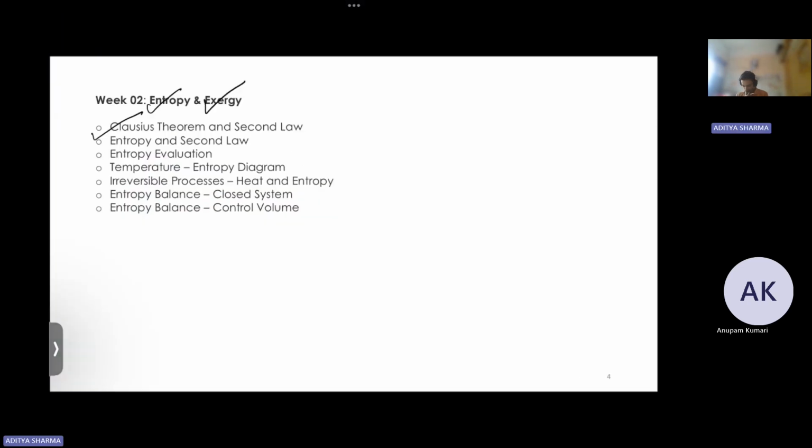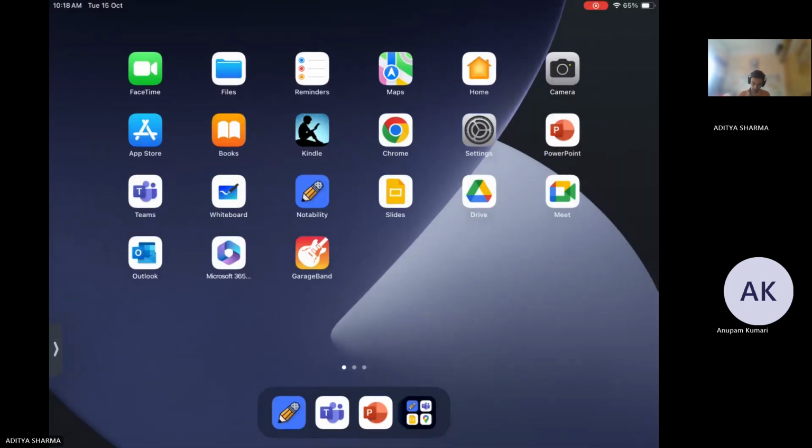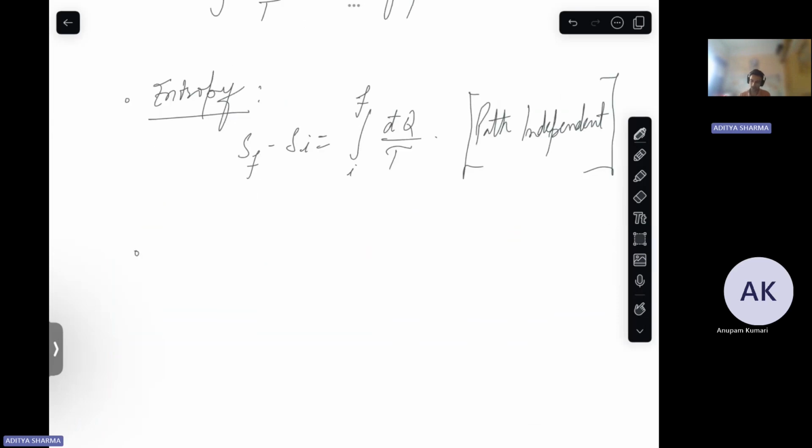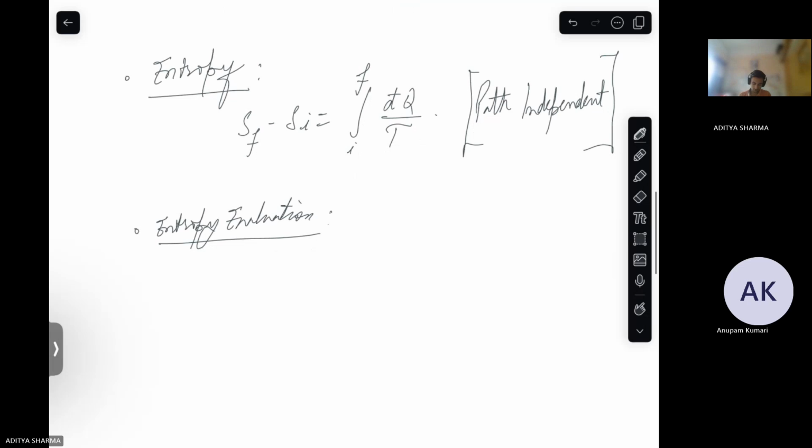So this was your entropy, right? Then is your entropy evaluation, right? Now to evaluate this entropy in different scenarios, how do we do that? For your entropy change, these formulas can be used.